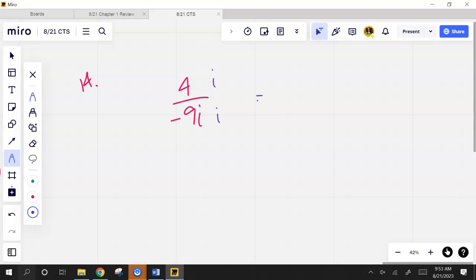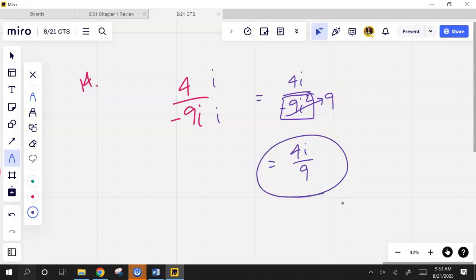Yes. All right, so I have 4I over -9I squared, yes? -9I squared becomes +9. So now I have 4I over 9. 4 and 9 do not simplify, so I leave it as is.